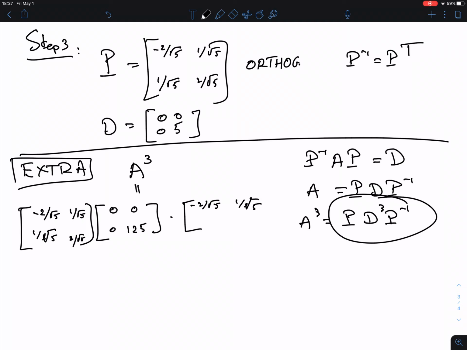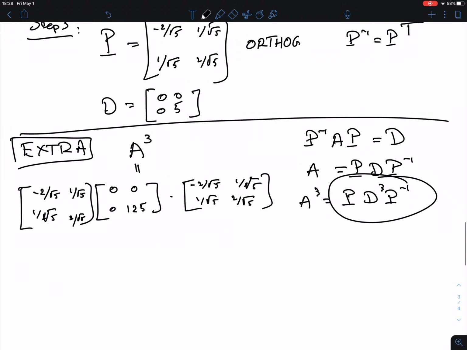This is the first column, this is the second column, but it's the same matrix, obviously. Okay, and now I have to multiply it out. Granted, these radical 5s are a bit of a nuisance, but we could have taken them out.